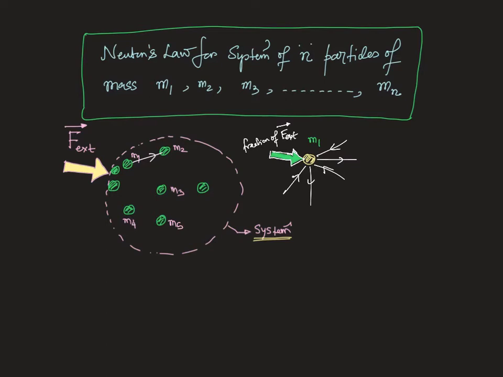So let us write this: in general, internal forces may be there. This is F internal. So internal forces on m1 due to other particles in the system.